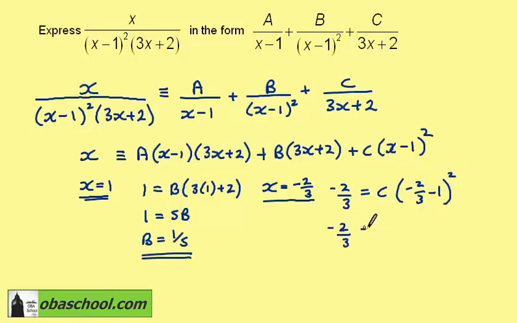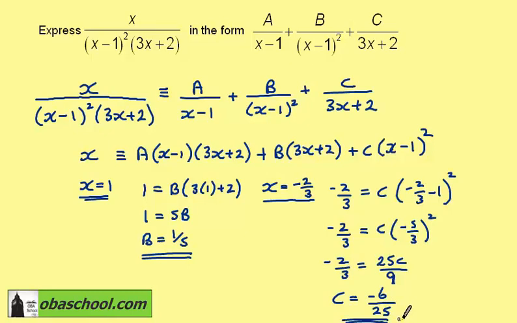So minus 2/3 is equal to c multiplied by (minus 5 over 3) all squared. So minus 2/3 is equal to 25c over 9, and this gives us that c is equal to minus 6 over 25.